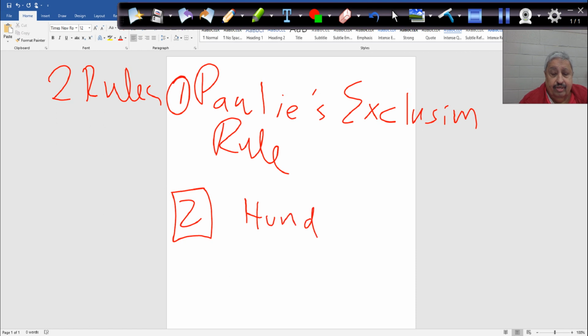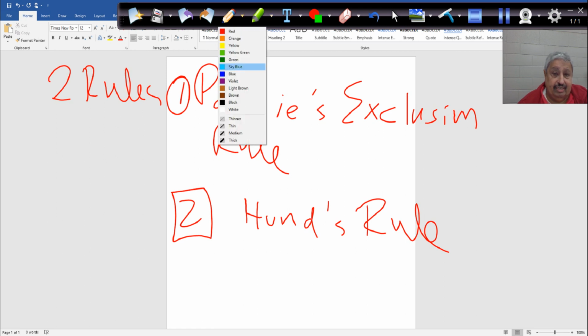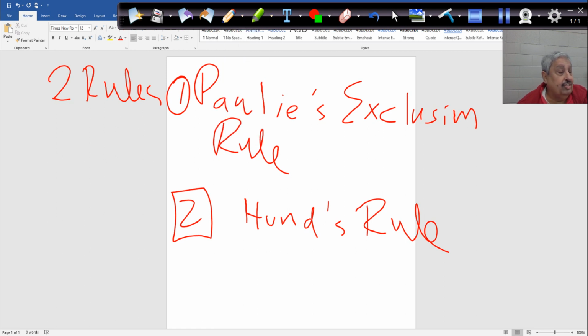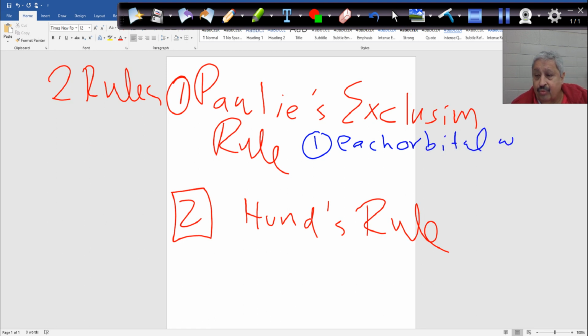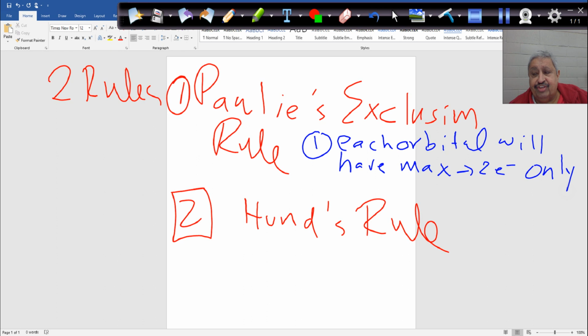What Pauli said, that's his condition, is each orbital has to be occupied by a maximum of 2 electrons only. You cannot have 3.